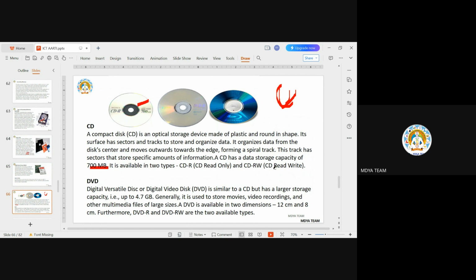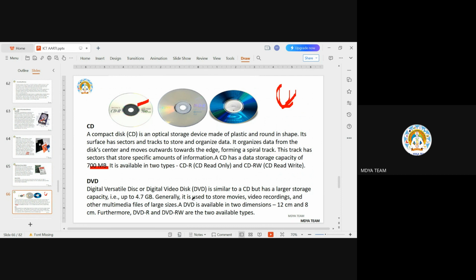DVD is the digital versatile disc, also called digital video disc. It is similar to a CD but has a larger storage capacity, up to 4.7 GB. The difference you can see: here is 700 MB, now here is 4.7 GB.